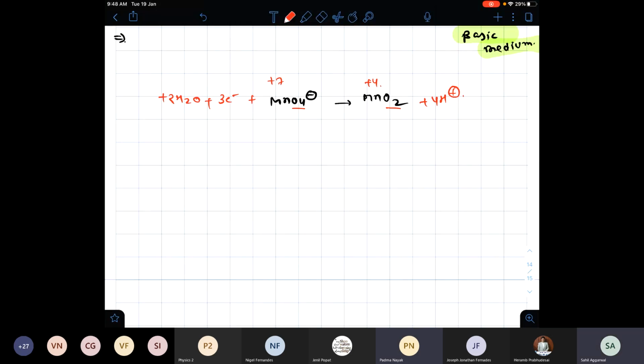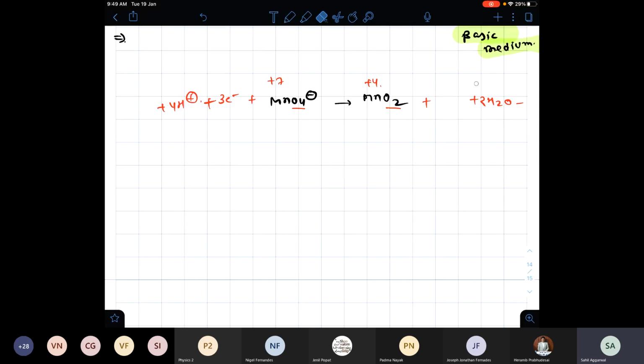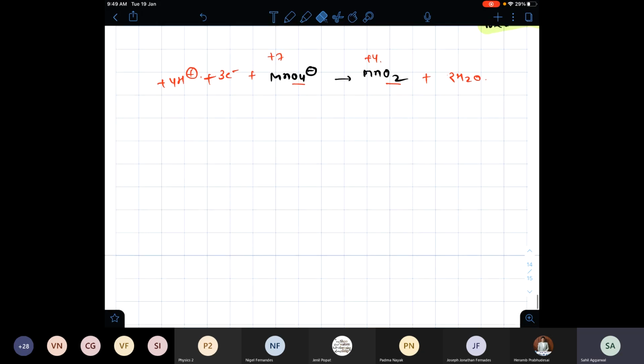Excuse me, sir. So 2 water should be added on the product side, right? Yes. Very good. Understood till here? Now to neutralize H plus, we add OH minus.